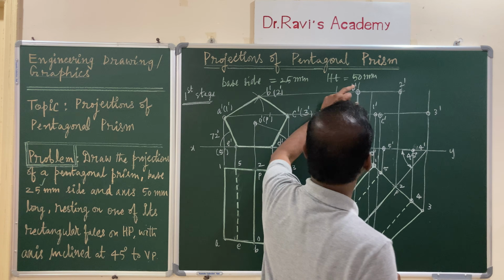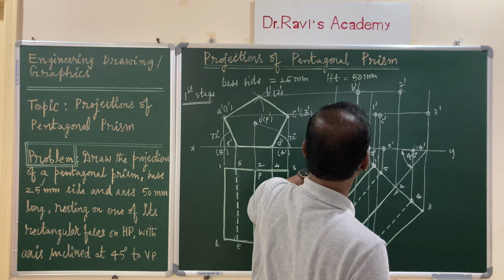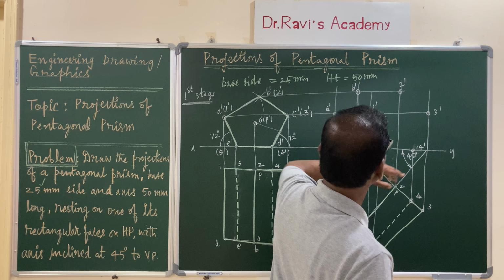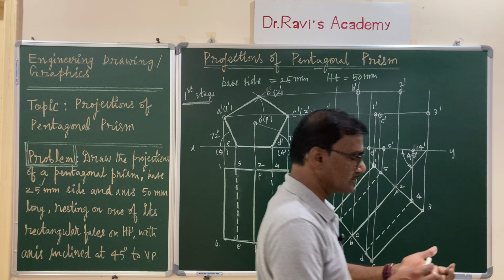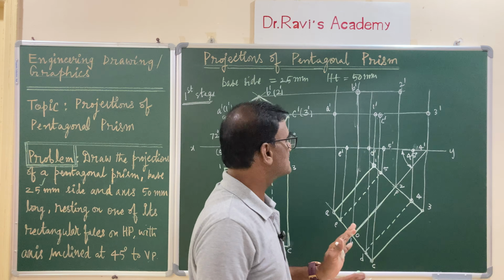You got A, B, C, D, E, one end face, and the other side it is 1, 2, 3, 4, 5. You got all the points. So now join in a systematic way.